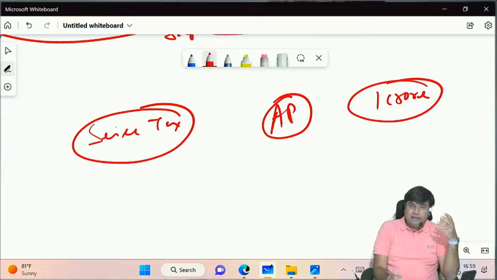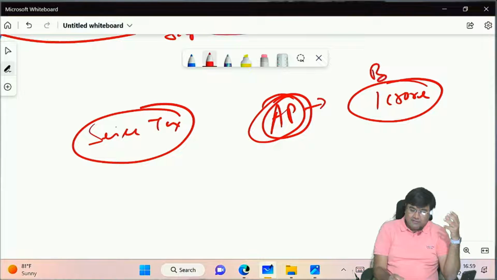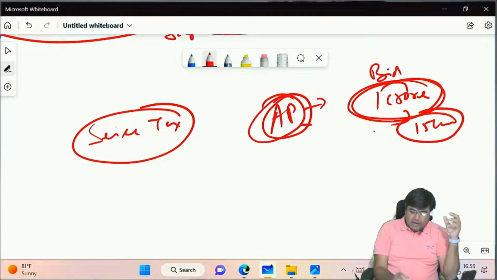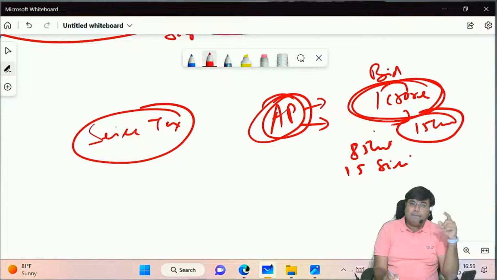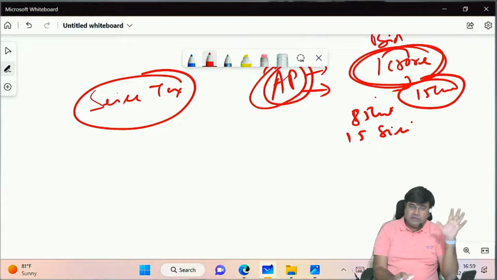So even though the bidder gave a bid of 1 crore rupees, this is not going to be the entire revenue of Andhra Pradesh, because they need to pay the service tax, correct? Let's say for simplicity, the service tax amount is 15 lakh rupees. So Andhra Pradesh government revenue is going to be 85 lakh only, because the 15 lakh service tax they need to deposit to the central government. Now this was copy-pasted to GST also.